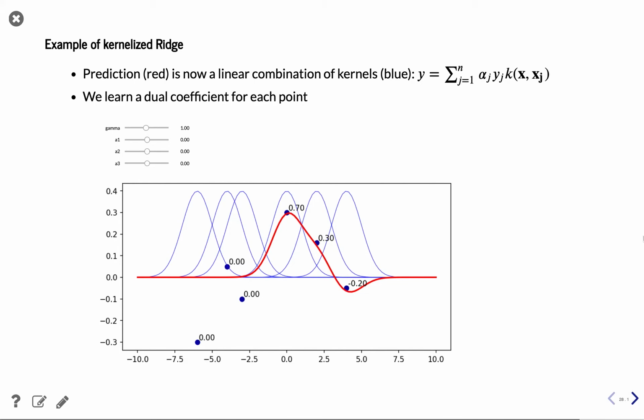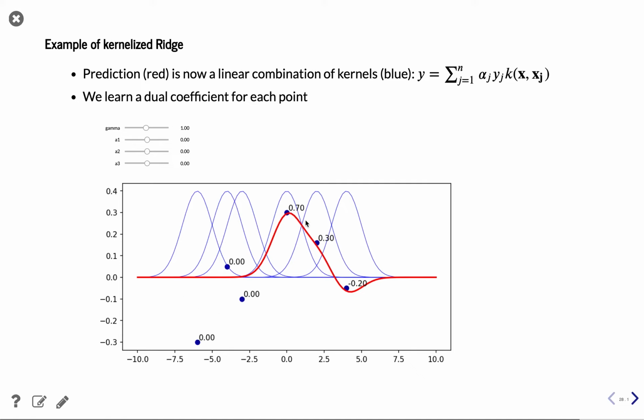Now, to understand this better, let's see what happens as this algorithm is learning these dual coefficients. So here we have 6 points, the blue points here, and we want to fit a function through these points. Now, because we use an RBF kernel, each point will have a local influence around it, right?